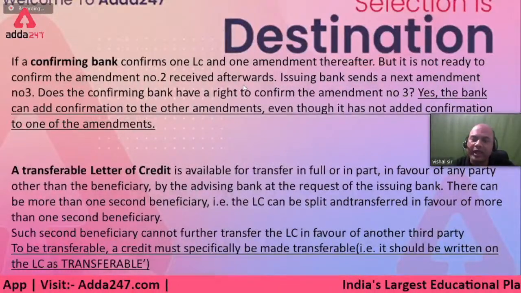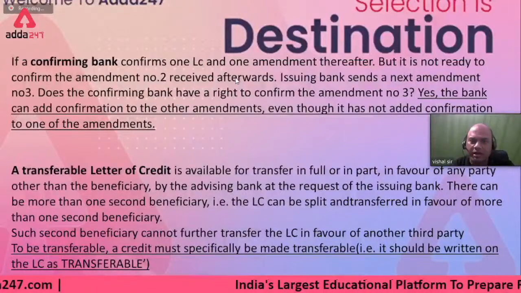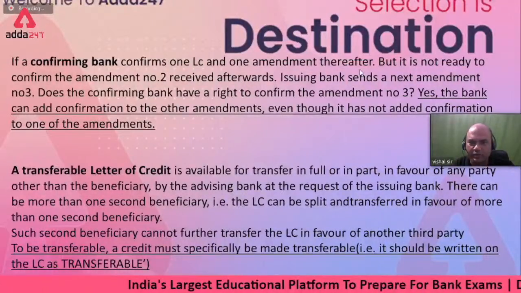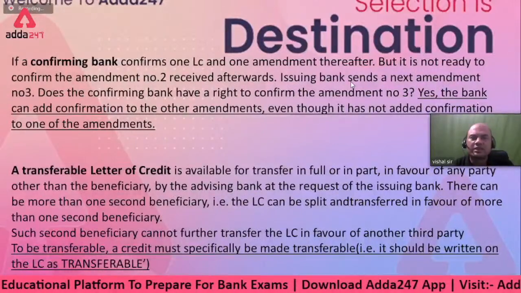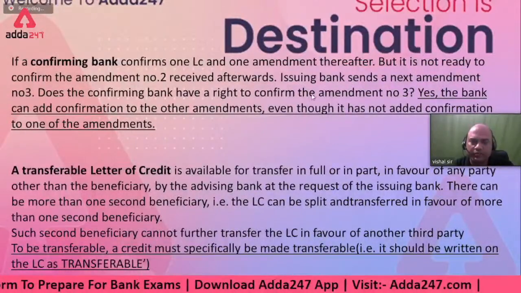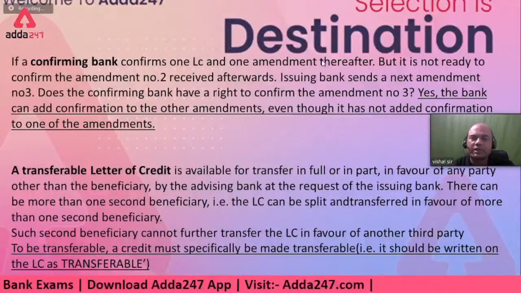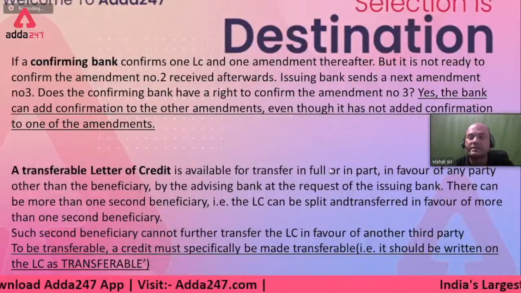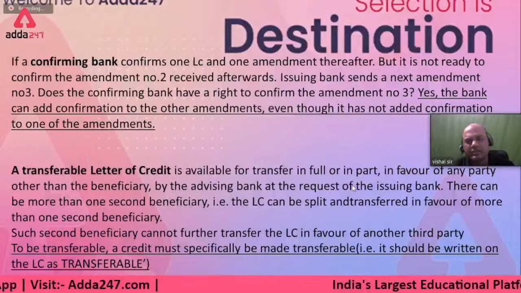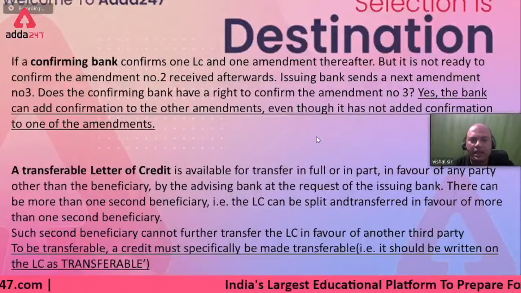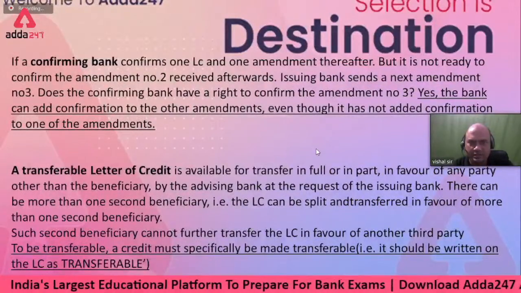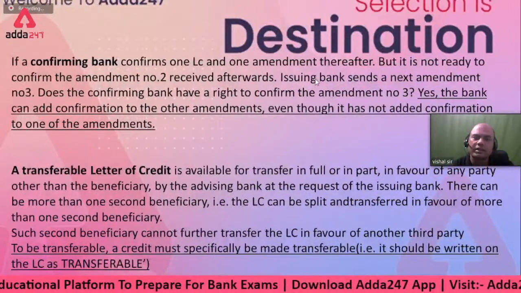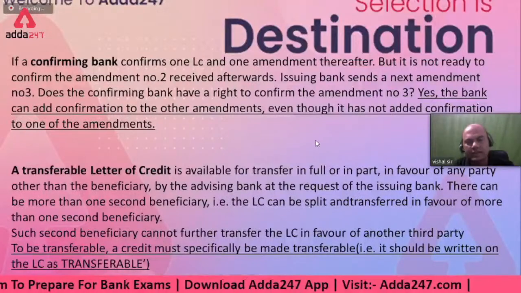It should be written in the first line only, irrevocable, transferable. That is a general SWIFT rule. But some banks don't follow that rule. They give this condition of transferable in additional conditions. Okay, so that is also acceptable. See here, anywhere on the face of that LC before the end of the message, if anywhere it's written that the LC is transferable, then it is transferable.